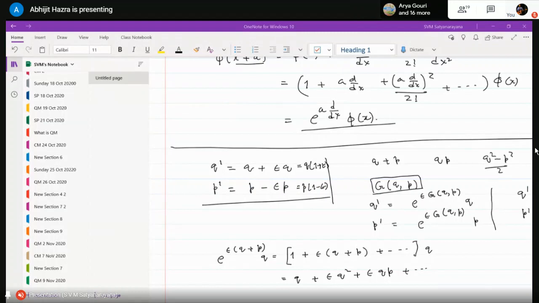So, and generates this canonical transformation.